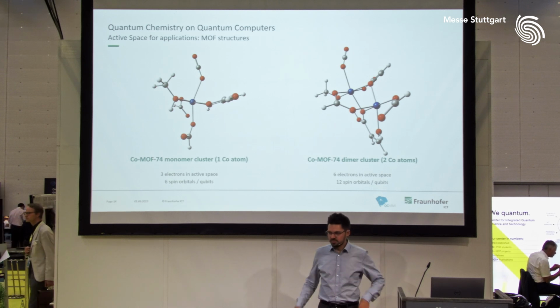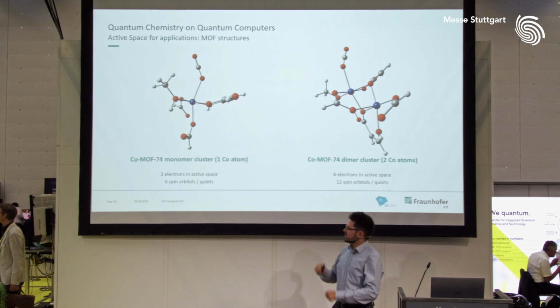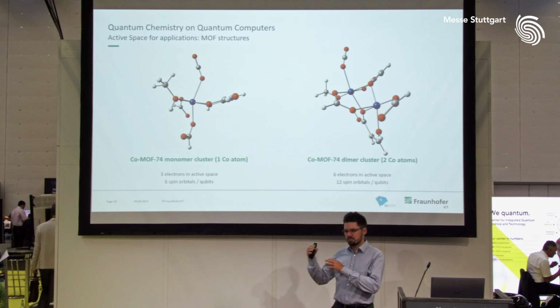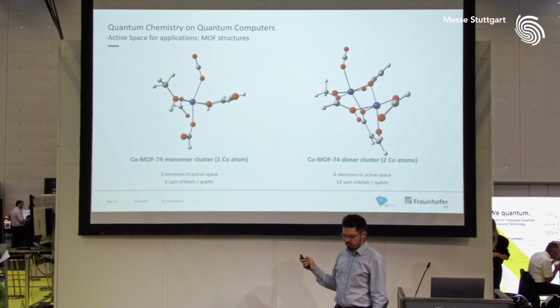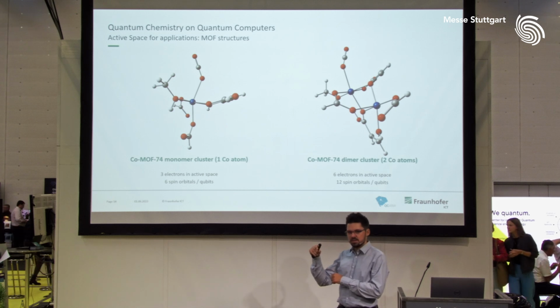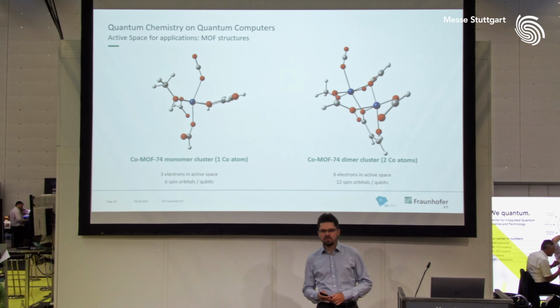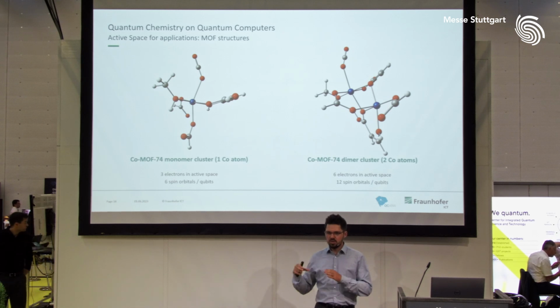So you've seen the metal organic framework previously, and we cut off some of the parts of it, some clusters out of it. And here on the left you can see one cluster with a single cobalt atom in it, on the right side with two of them, and those are basically the molecules we now investigate.